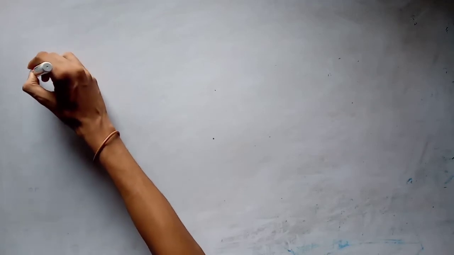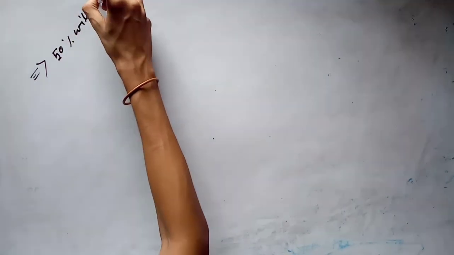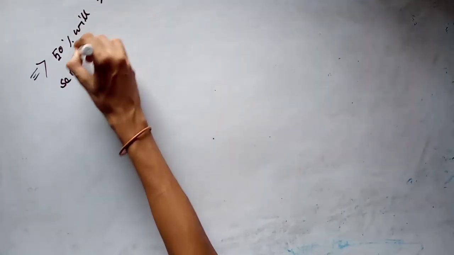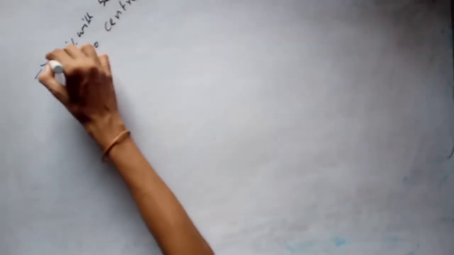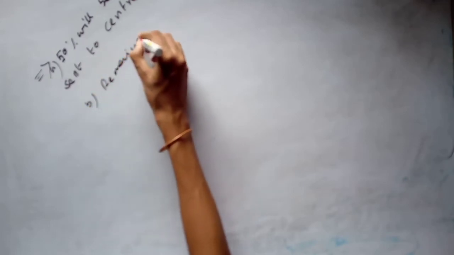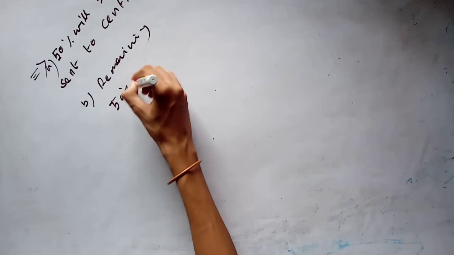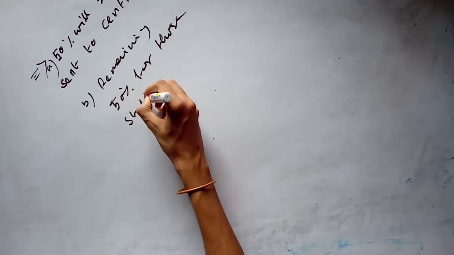If there is a remaining fund of compensation cess, then 50% will be sent to the center and the remaining 50% to those states such as Karnataka and Maharashtra that have produced goods.